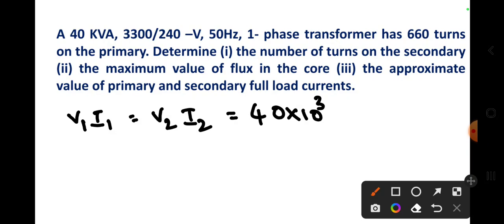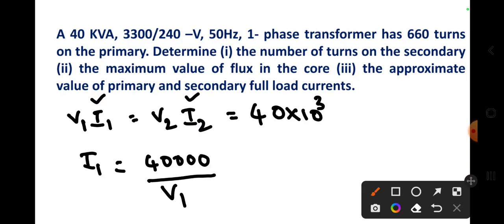So you need to find out what is I1, what is I2. Therefore I1 is equal to 40,000 divided by V1. Then what is this value?